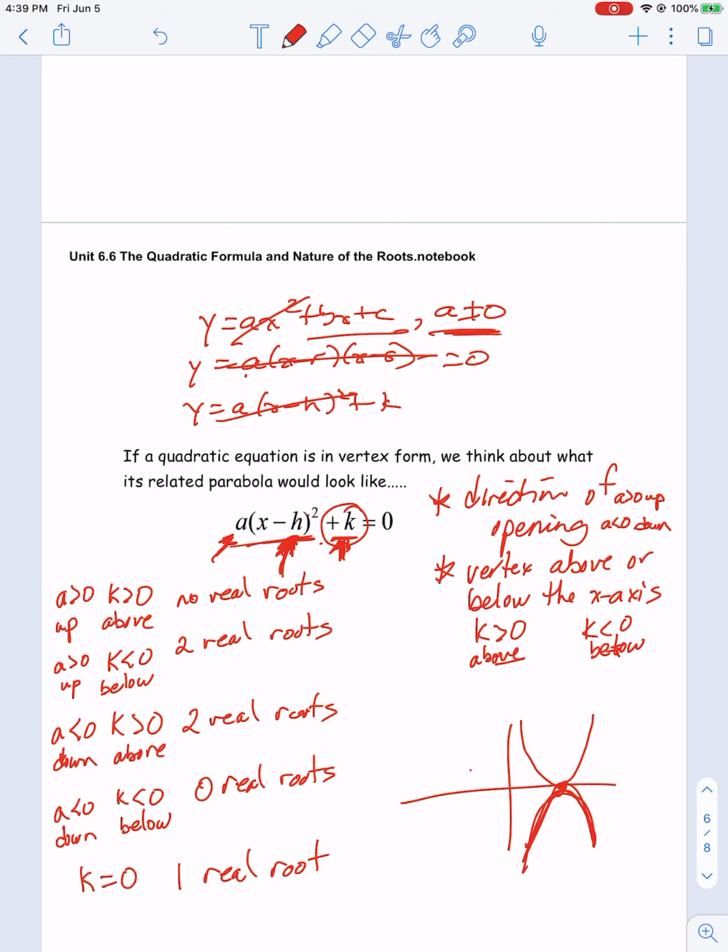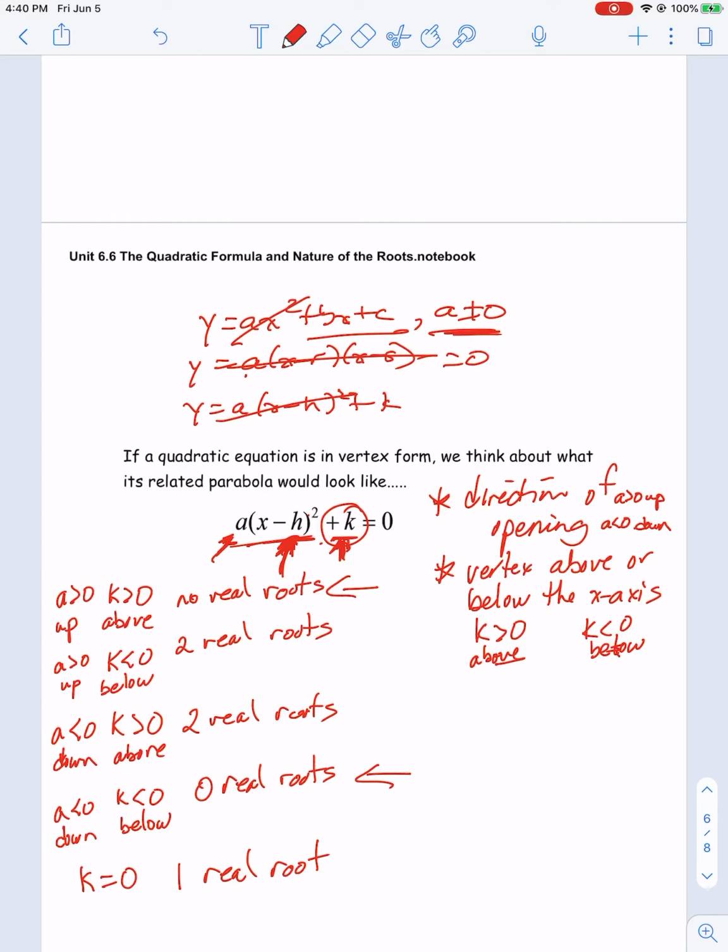Okay, so a summary of all this. Notice there are no real roots here if A is greater than 0 and K is greater than 0, and there's no real roots here if A is less than 0 and K is less than 0. So if they're both positive, or they're both negative, what happens if you take 2 positive numbers and multiply them, or take 2 negative numbers and multiply them?